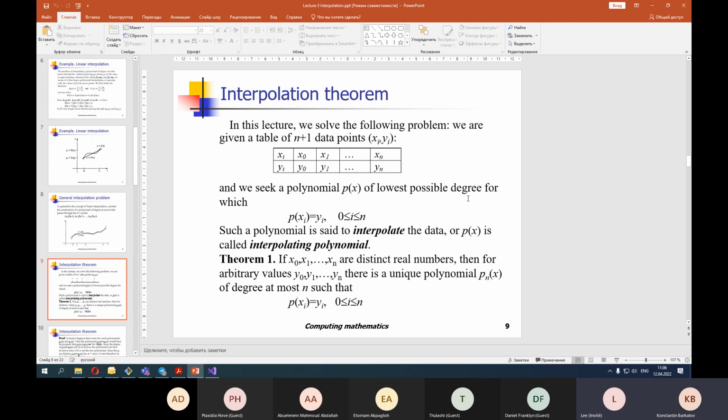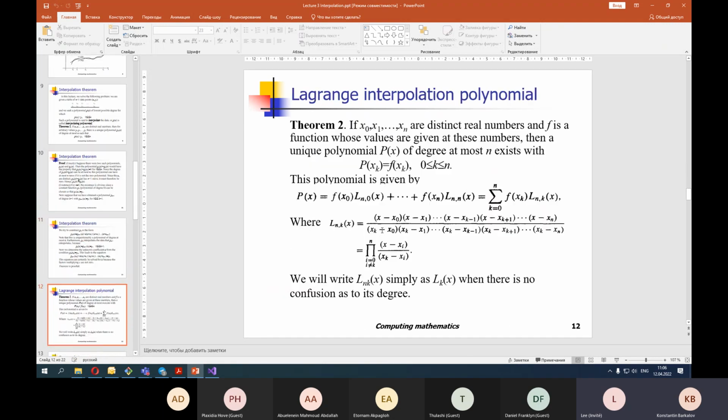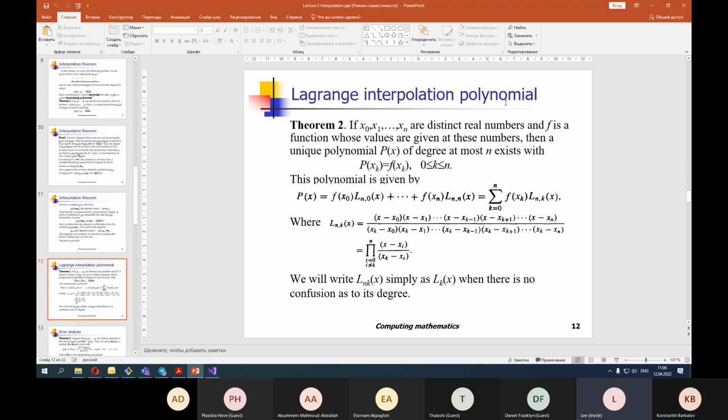In the previous lesson, we considered one of such techniques that allows us to write an interpolating polynomial. This polynomial is called Lagrange interpolation polynomial. We solved two exercises.